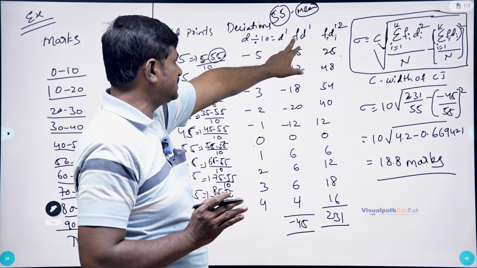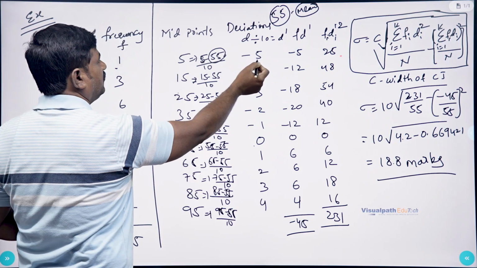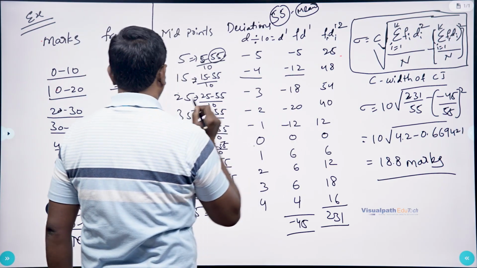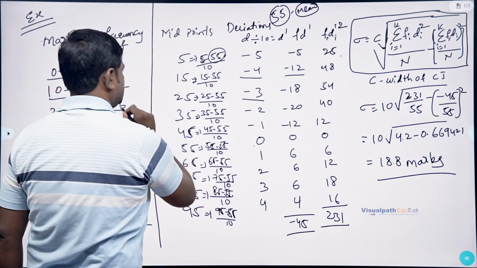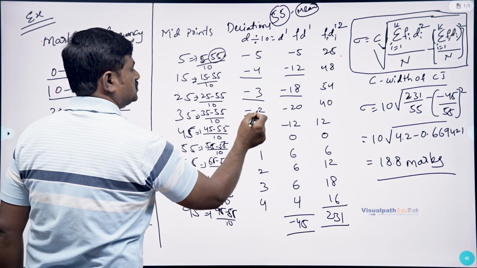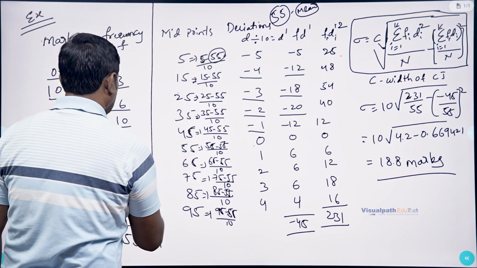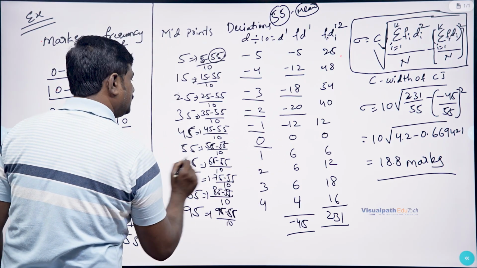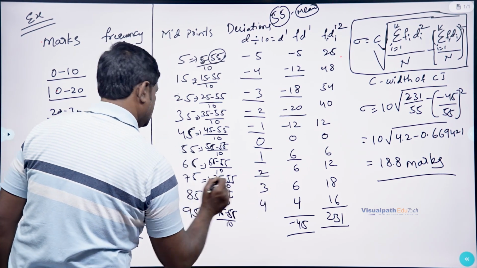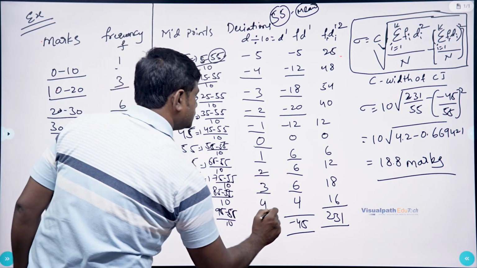Then we calculate f into d dash, that is frequency into d dash. What is the frequency here? 1 into minus 5 is minus 5, 3 into minus 4 is minus 12, 6 into minus 3 is minus 18, 10 into minus 2 is minus 20, 12 into minus 1 is minus 12, 0 into 11 is 0, 6 into 1 is 6, 3 into 2 is 6, 2 into 3 is 6, 1 into 4 is 4.